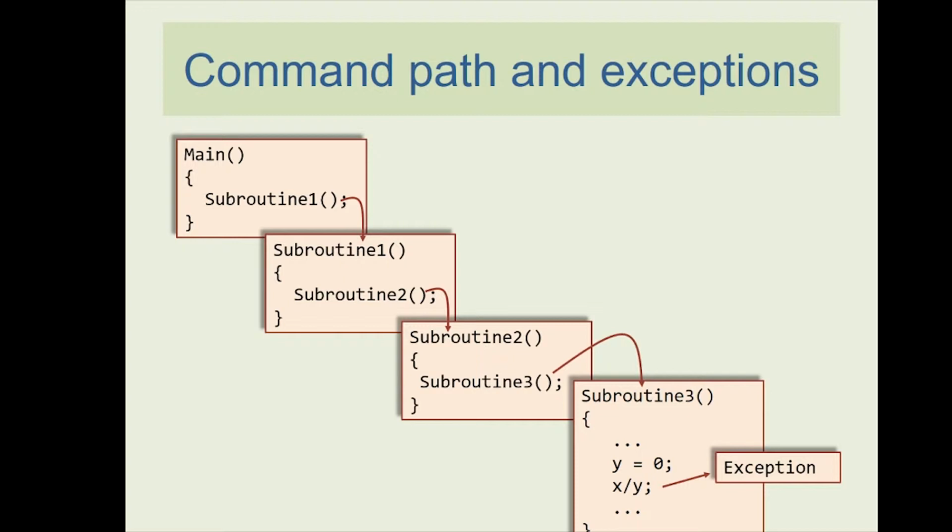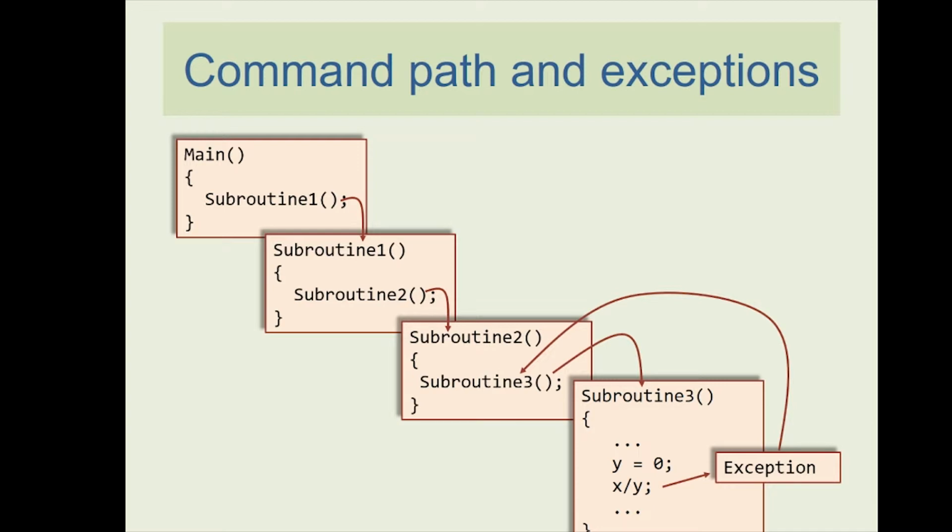So the exception is generated, and what happens to it? It will be sent back to that subroutine that made a call to subroutine 3. And now if here in subroutine 2 there is a try-catch structure wrapped around the call of subroutine 3, then that exception will be handled here and the program will recover.